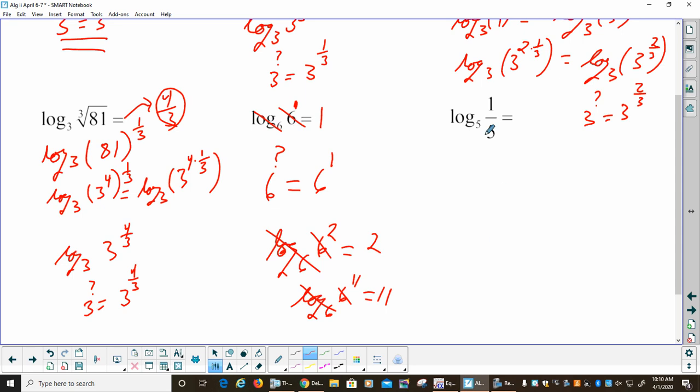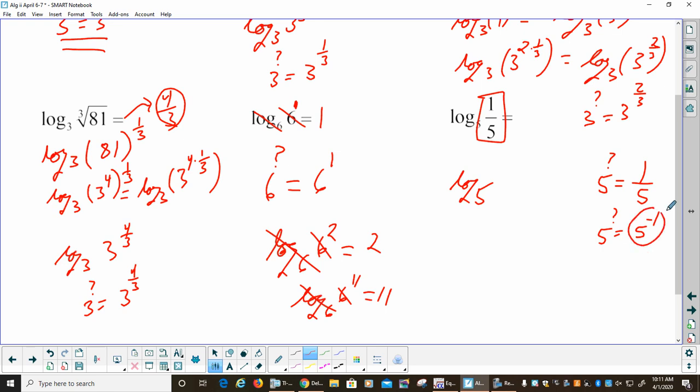Okay? Okay, this doesn't quite cancel out here as it's written. Log base 5. Now I'm going to think of this as having an exponent. You step aside. 5 to what power is 1 over 5? That's 5 to what power is 5 to the negative 1.